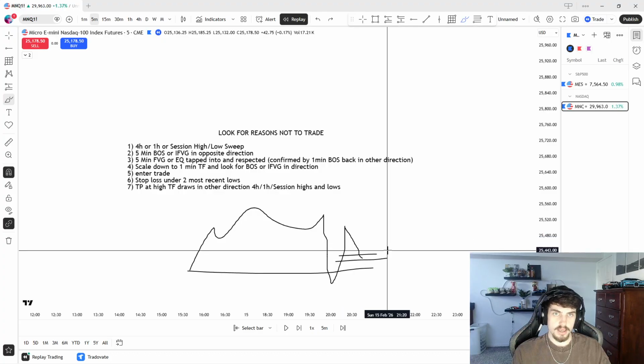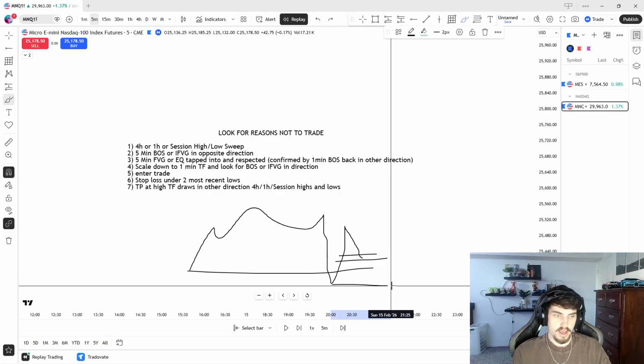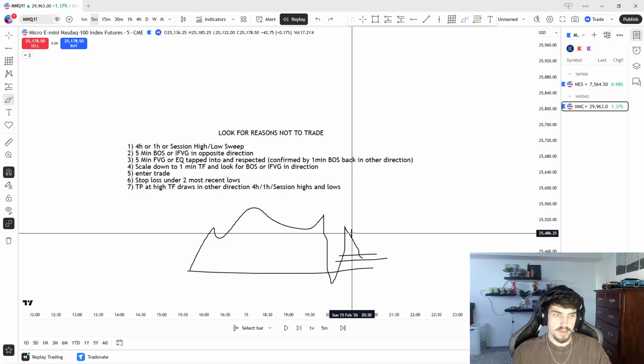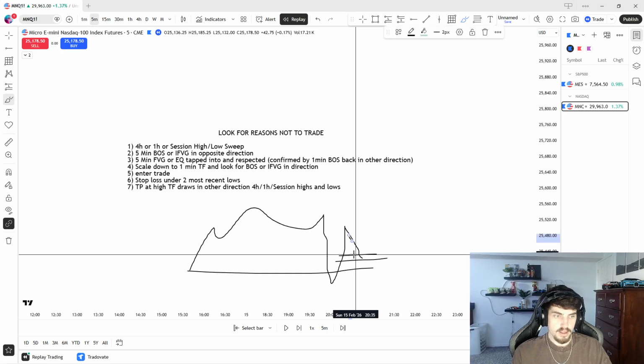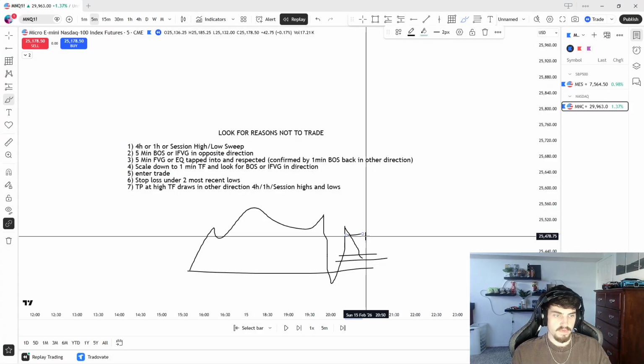So it would probably have the 5 minute low down here. But if we scale down to the 1 minute time frame, we might have a low up here that was broken structure, and then we move down into this fair value gap down here.